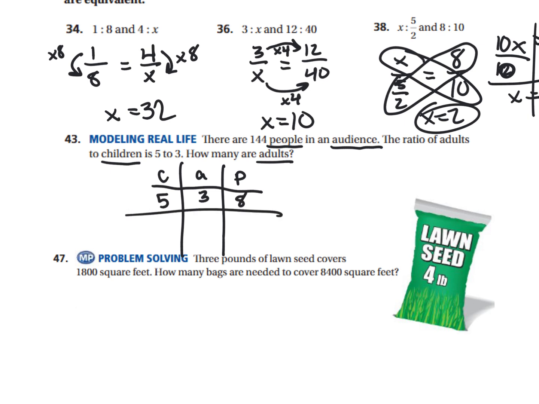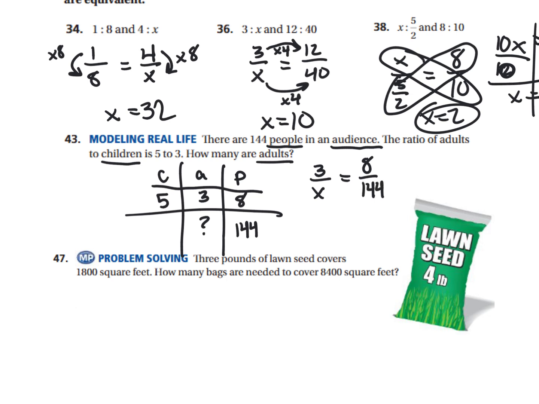But notice I have 144 people in the audience, and it's asking how many are adults. So I'm looking for that value right there. I don't even really have to solve for the children one because I can actually just use this table to set up my proportion, right? Where that question mark is, I'm actually just going to put an x saying that's what I'm solving for. And I'm going to set this equal to 8 over 144.